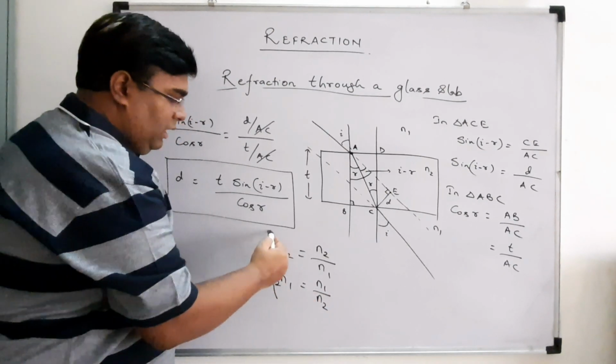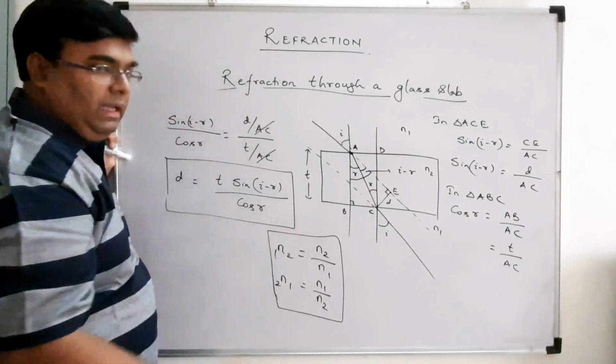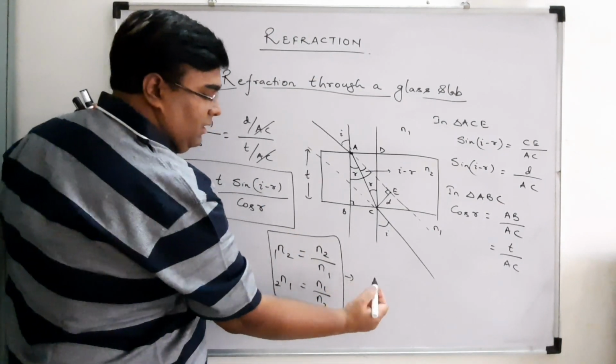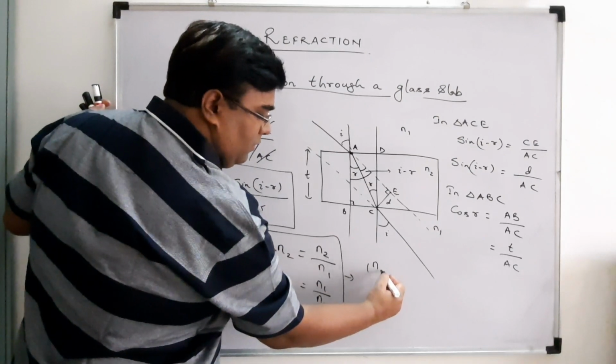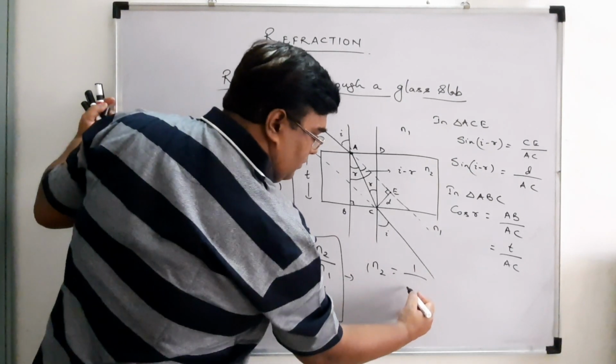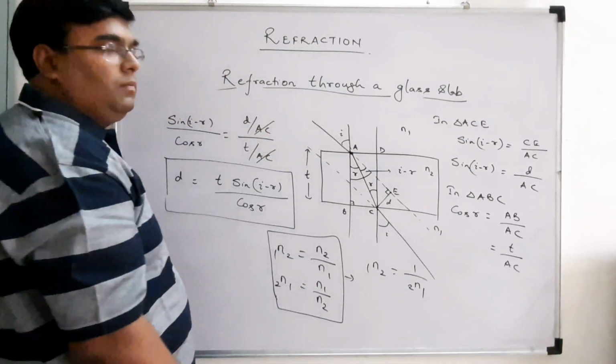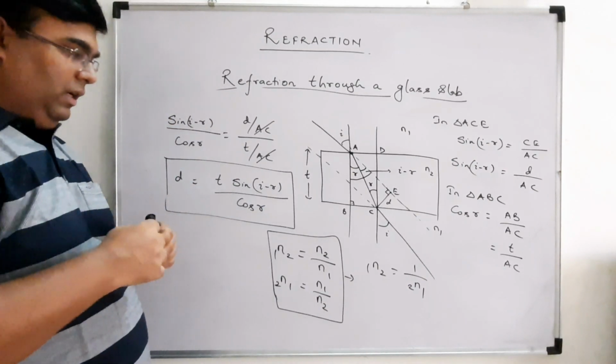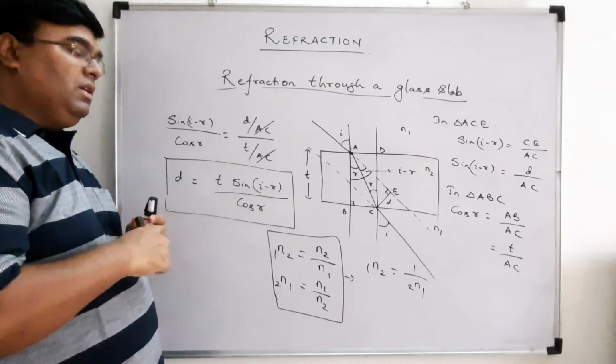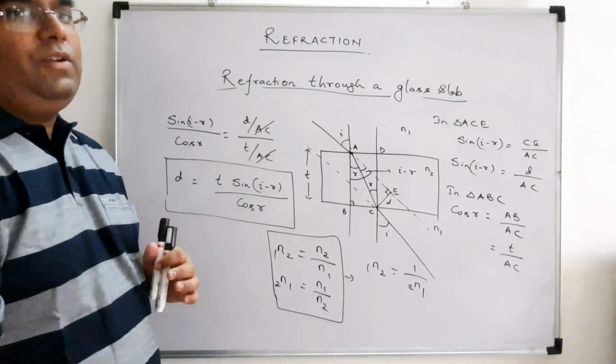Now from these two relationships, we can say that the refractive indices with respect to each other are basically the reciprocal of each other.